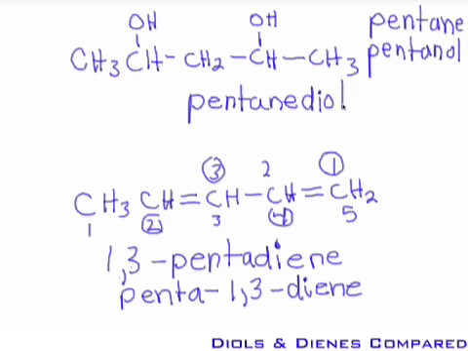If there were 3 OHs, it would be triol, 4 would be tetraol, 5 would be pentaol, hexaol, heptaol, octaol, and so on.